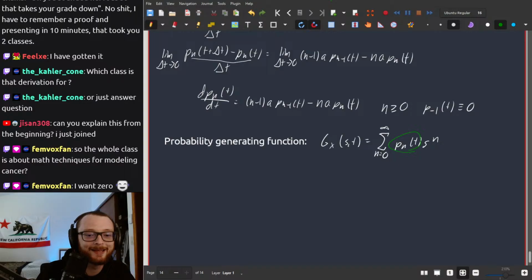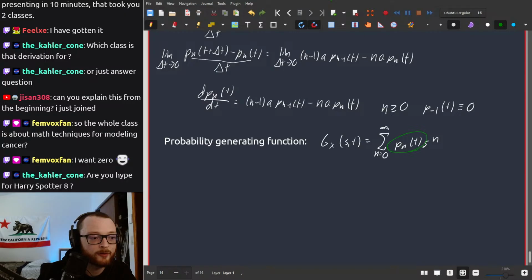You fix the number of cancer cells n, and p sub n gives you the probability of that number at any time. So this generating function is cool because you can always recover p sub n for a particular n.